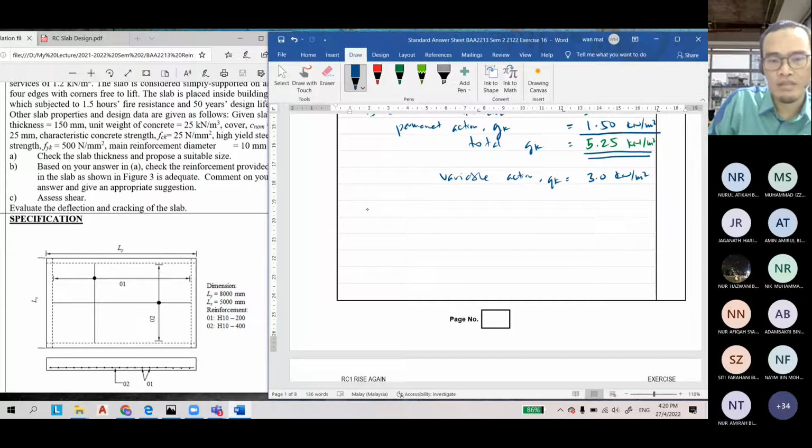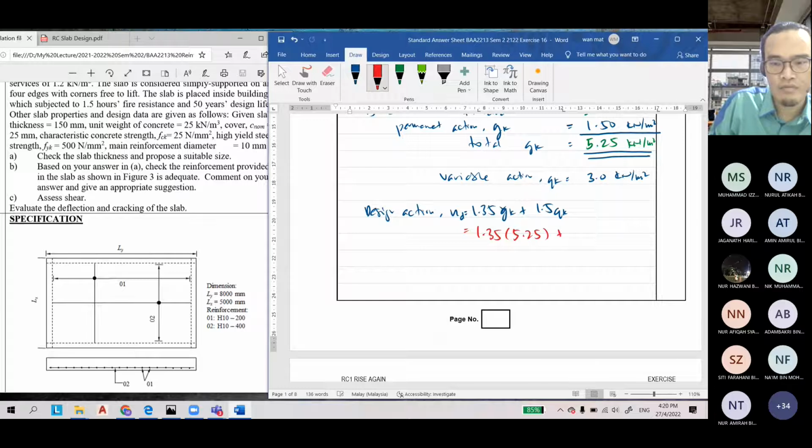And then the design action nd is equal to 1.35 GK plus 1.5 QK. So equal to 1.35 times 5.25 plus 1.5 times 3.0.